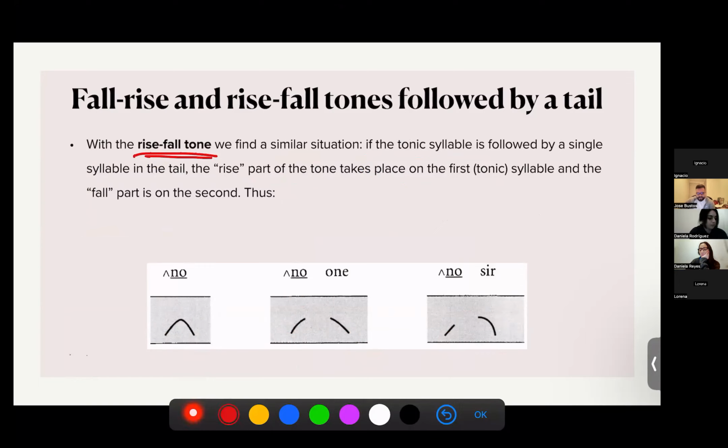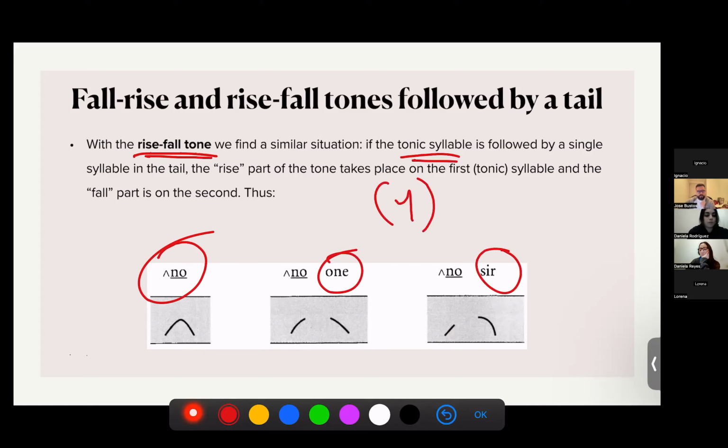So it says if the tonic syllable, "no" for example, is followed by a single syllable, just one, in the tail, like this one, the rise part takes place on the first tonic syllable and the fall part is on the second.